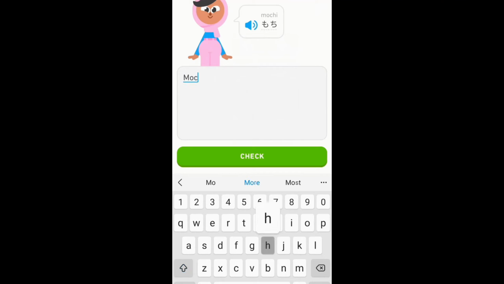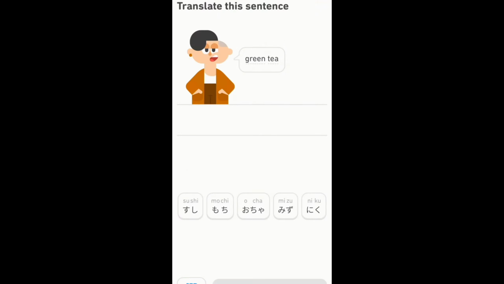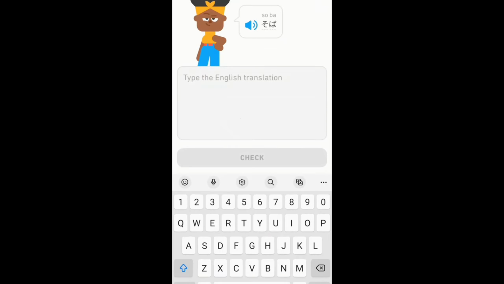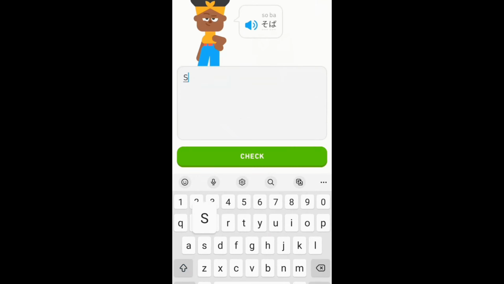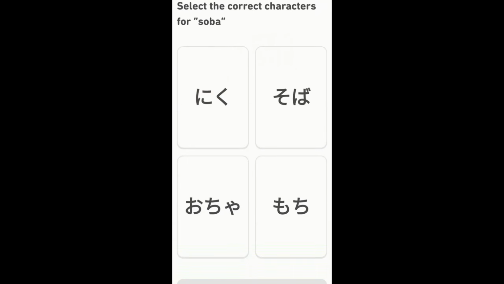Mochi. Just mochi again. Green tea is ocha. And soba is just soba because it's also a Japanese dish and they cannot translate it. So what is soba? I don't think you can get any of this, but from what you've seen before, what do you think soba is?